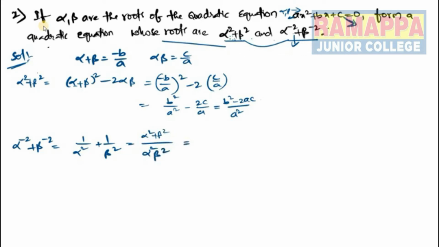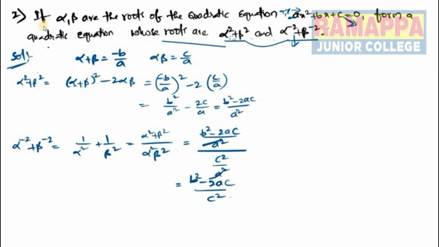Here alpha square plus beta square we already know: b square minus 2ac divided by a square. Alpha square into beta square is c square by a square. So this a square will get cancelled, and it will remain b square minus 2ac divided by c square.